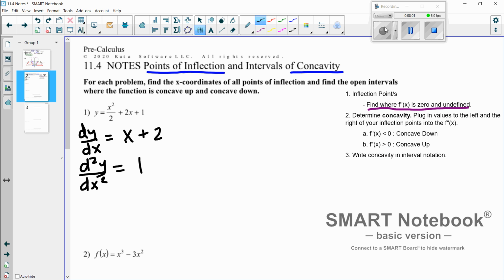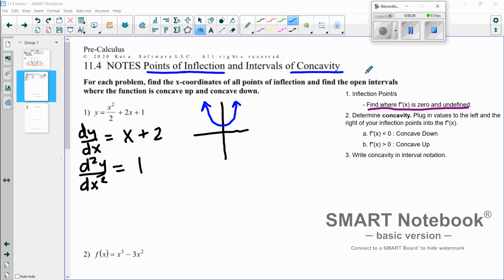What we have here, just for a quick sketch, is just a normal parabola, right? We have an x squared power here, so we just have a normal parabola, which means we only really have one interval, okay? And it means there's no inflection point. Okay, so we kind of lucked out here on number 1. There's no inflection point, and we only have one interval, right?